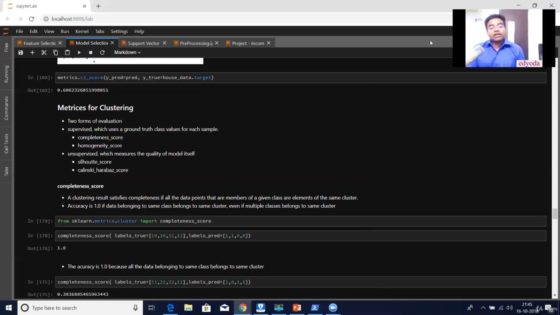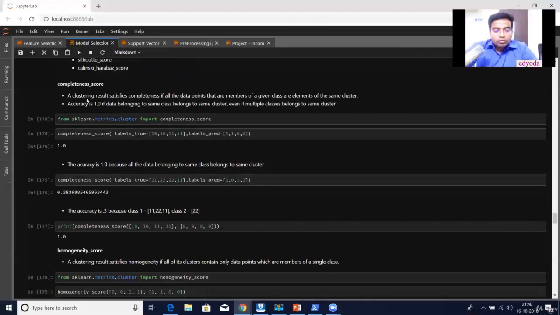Let's now understand what completeness score is. Say you have the data and the data has class information. If there is a cluster which contains all the data of a particular class, of course the cluster can contain multiple such classes, that is known as completeness score.